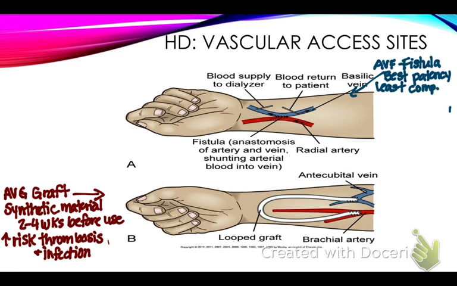arterial venous fistula. It has the best patency and the least complications. Although a con on that one is that it does take longer for you to be able to use it, because the blood has to become kind of arterialized, and it has to develop and become arterialized.